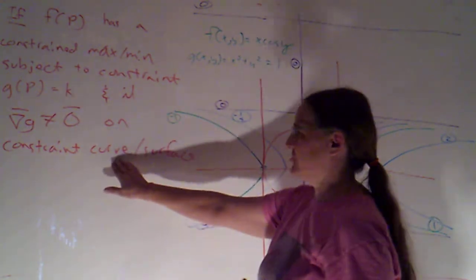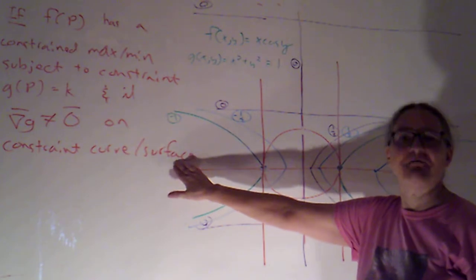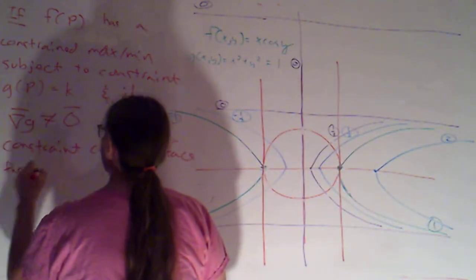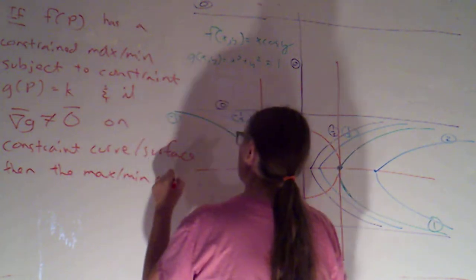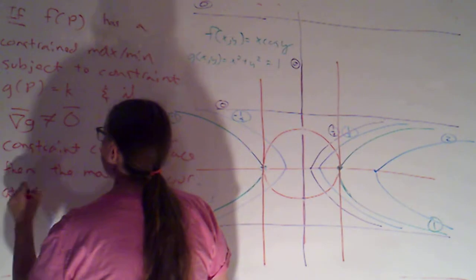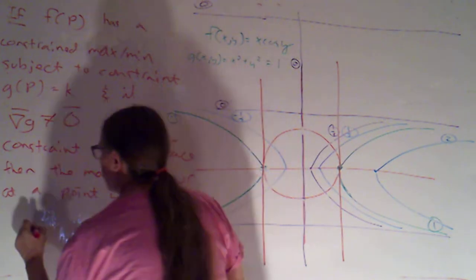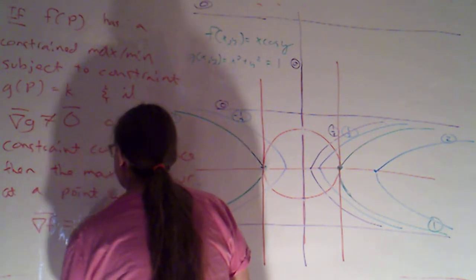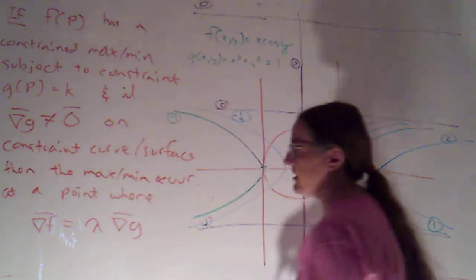Of course, it would be the constraint curve if I'm working with functions of 2 variables, and the constraint surface if I'm working with functions of 3 variables. Then the max min occur at a point where the gradient of f is lambda times the gradient of g.